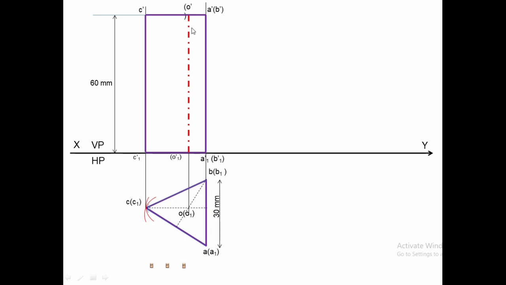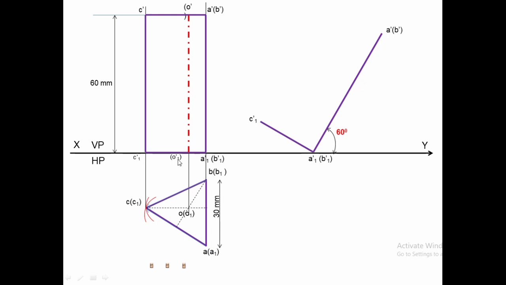Now the axis and AA1, BB1 are parallel. So instead of tilting the axis, you tilt this vertical lateral face by an angle equal to 60 degrees, keeping A1, B1 on the XY line. See it here. We have kept A1, B1 on the XY line. We are tilting this lateral face A1B1BA by an angle of 60 degrees.